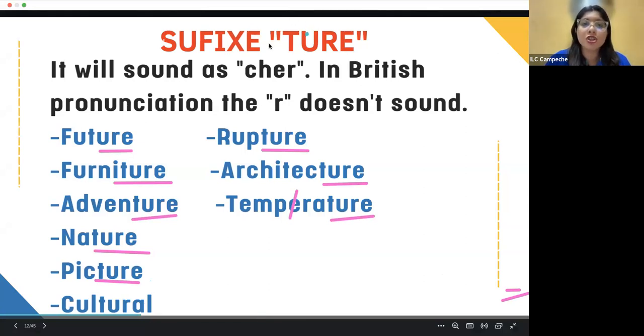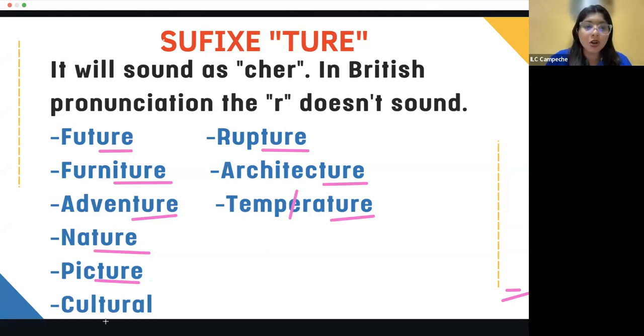Culture, all right? So here we go again. If you see the suffix TURE, si ves ese sufijo, TURE, sufijo es que está al final, por eso se le llama así.